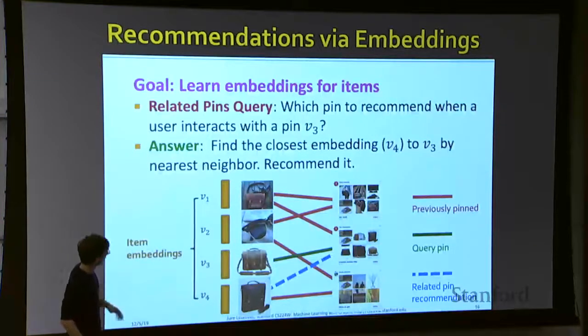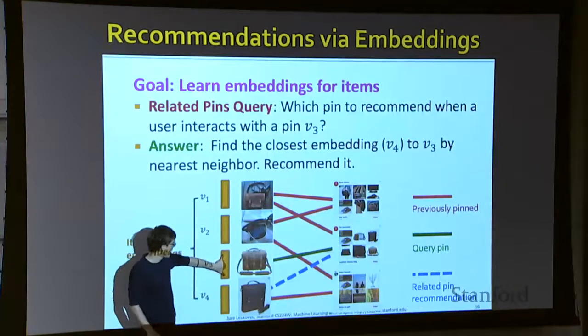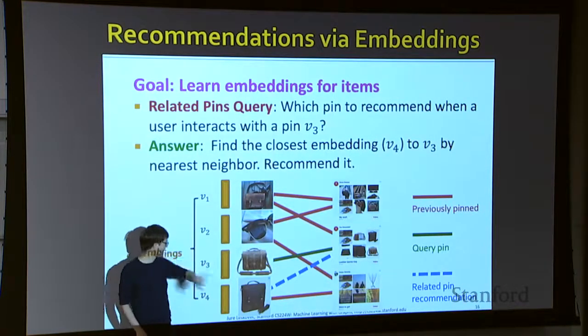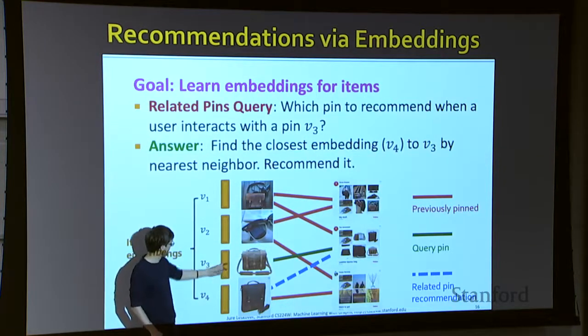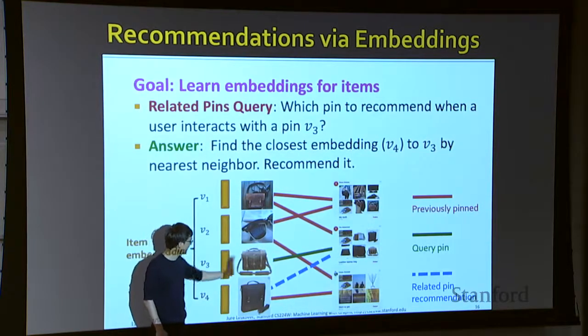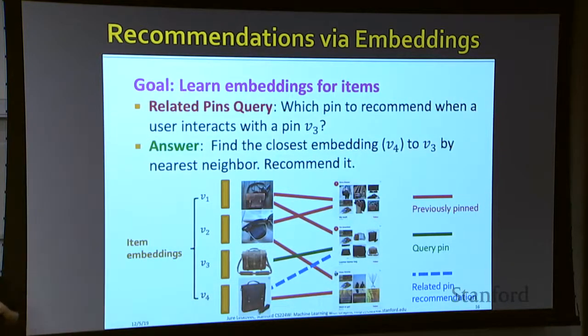If you are looking at pin number 3, this is the embedding for the pin, a point in some high-dimensional space. Let me find the points closest to this point in the embedding space, and whichever of the other pins is closest, those will be my recommendations, right?